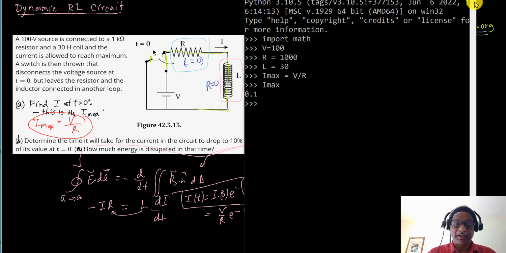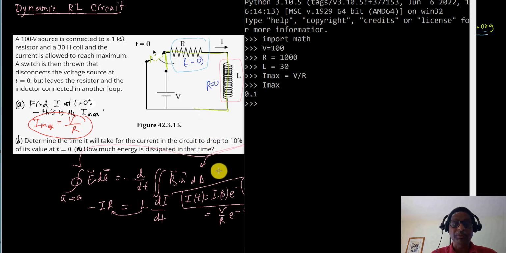So Imax times math.exp. Okay, let's see, we haven't really solved this. It's a 10% value at t equal to 0.